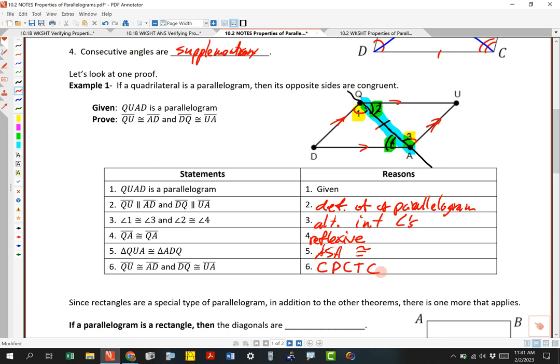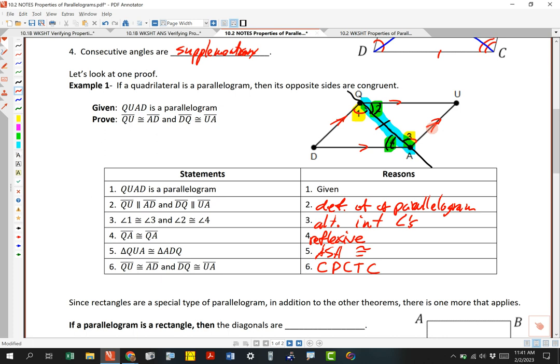Okay, so I wrote down CPCTC. Mason said corresponding parts of congruent triangles are congruent. So the corresponding parts would be QU and DA, and DQ and AU. So those would be congruent. The opposite sides would be congruent.